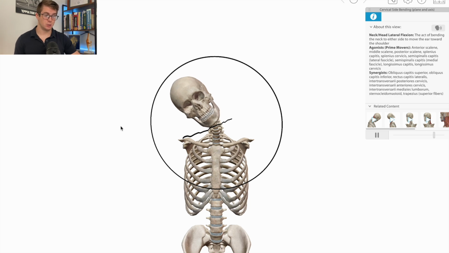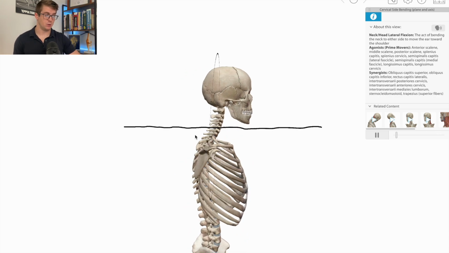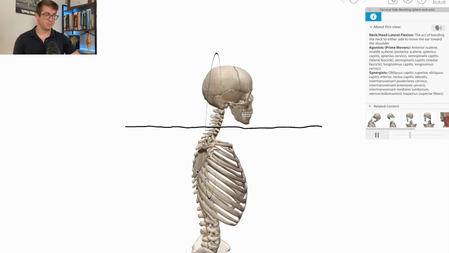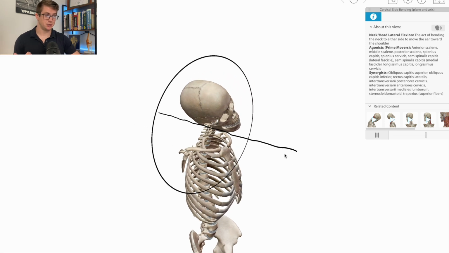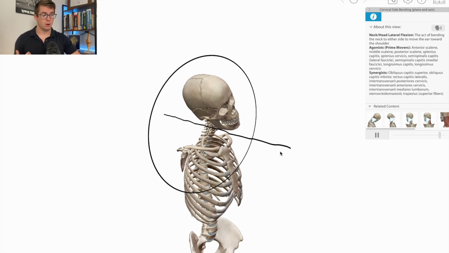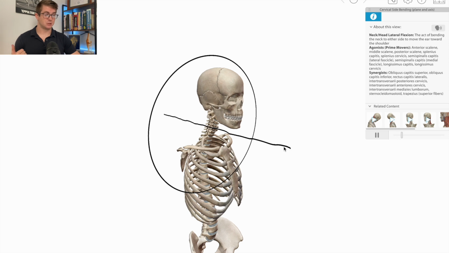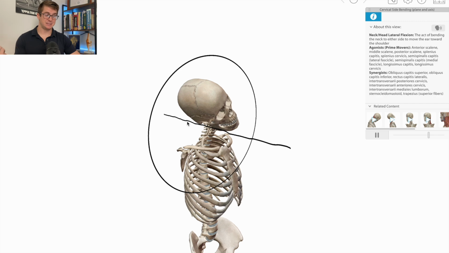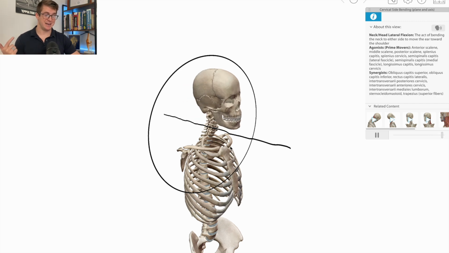All right, so let's look now at the plane that it's moving through. So the plane through which it's moving, that I've drawn here, is cutting the body into front and back halves. And we know that the plane of movement that does that is the frontal plane. And again, from our axis of rotation module, we know that the axis of rotation that pierces through the frontal plane has to be anterior to posterior, posterior to anterior in nature.